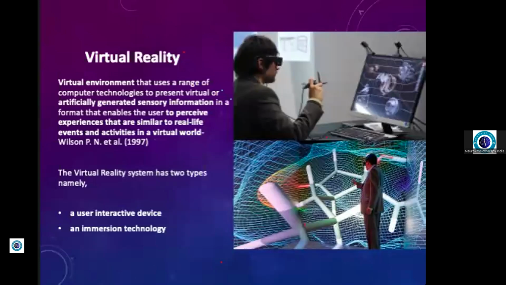So any kind of virtual reality technology where kids can interact and play with different objects in a computer generated environment can be used for rehab.